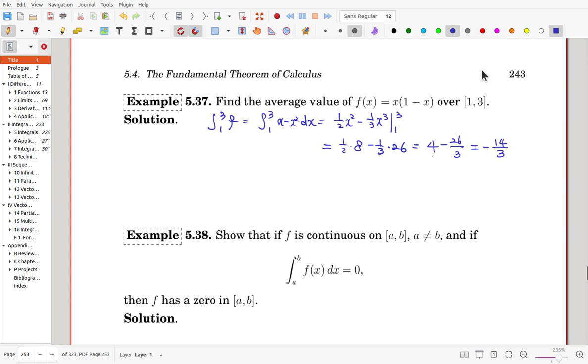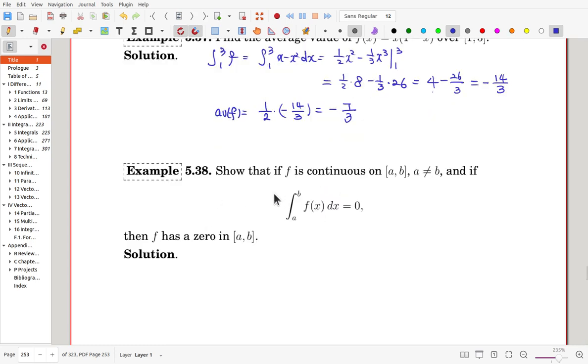So the average value of f is the integral, minus 14 over 3, divided by the interval length, which is 2 from 1 to 3. Right? So that is the same as minus 7 over 3.